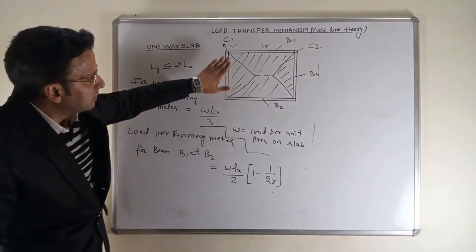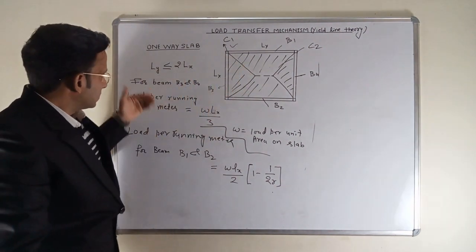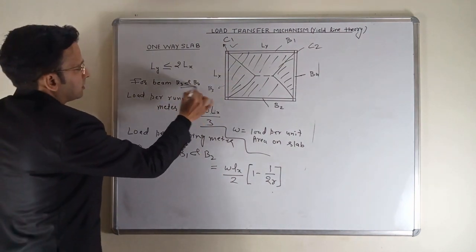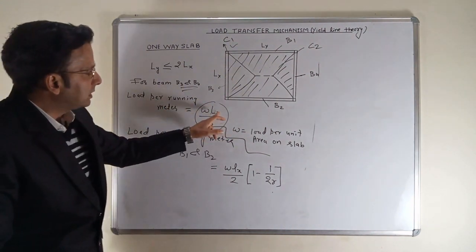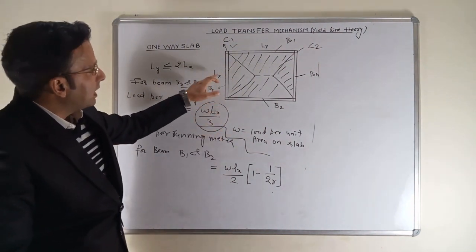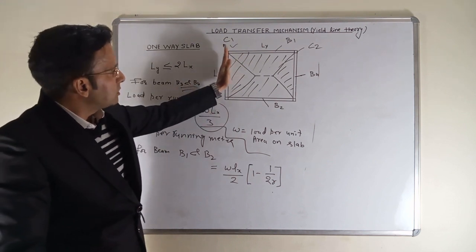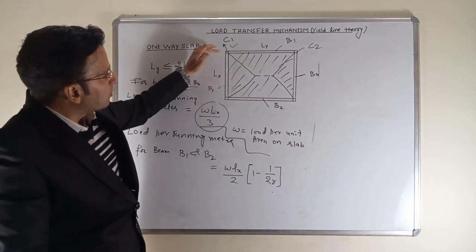In the same way, if I consider this triangular portion, as I have calculated, load per running meter on beam B3 is nothing but W Lx upon 3. If you multiply W Lx upon 3 by Lx, then you will find the total load on beam B3. Once you find the total load on beam B3, you can divide it in two parts.